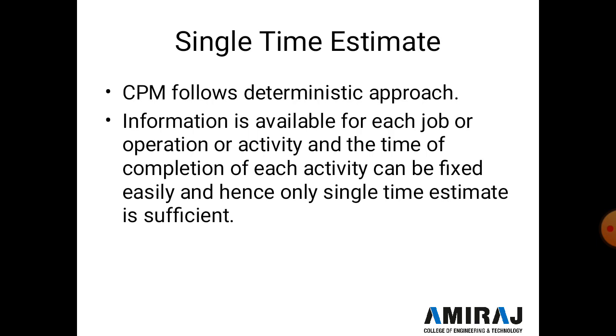So here only one time is estimated in a CPM network, and no complex calculation is required, only a simple calculation for the total time. If you are required to find the total time, sum all the activities, and we easily get the total duration to complete the project.